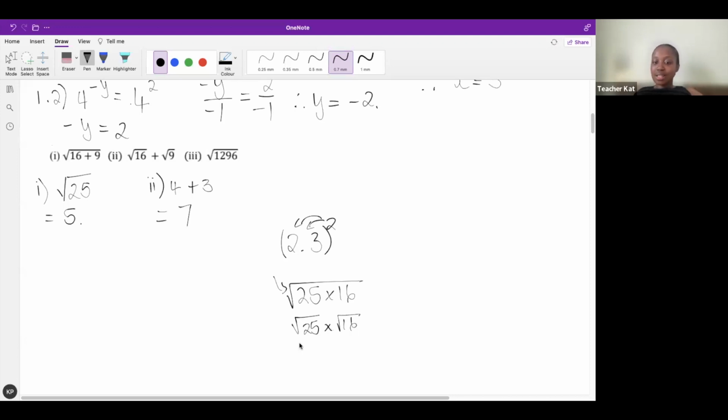Is that not easier to work out than trying to multiply this whole sum out? It is much easier to say this is 5 times 4, which is 20. But if you had to first multiply inside, you would say this is the square root of 400, which is still 20. But it's easier for you to know that you are allowed to split these up. So this is an extension of the distributive law. Do you see why I needed to do this?